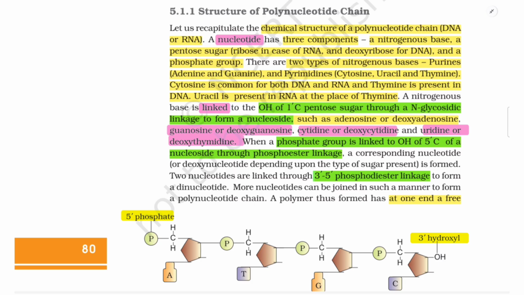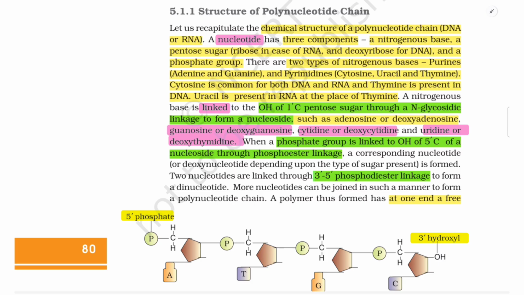When a phosphate group is linked to the OH of the 5' carbon of a nucleoside through a phosphodiester linkage, a corresponding nucleotide or deoxynucleotide, depending upon the type of sugar present, is formed. Two nucleotides are linked through a 3'-5' phosphodiester linkage to form a dinucleotide. More nucleotides can be joined in such a manner to form a polynucleotide chain.